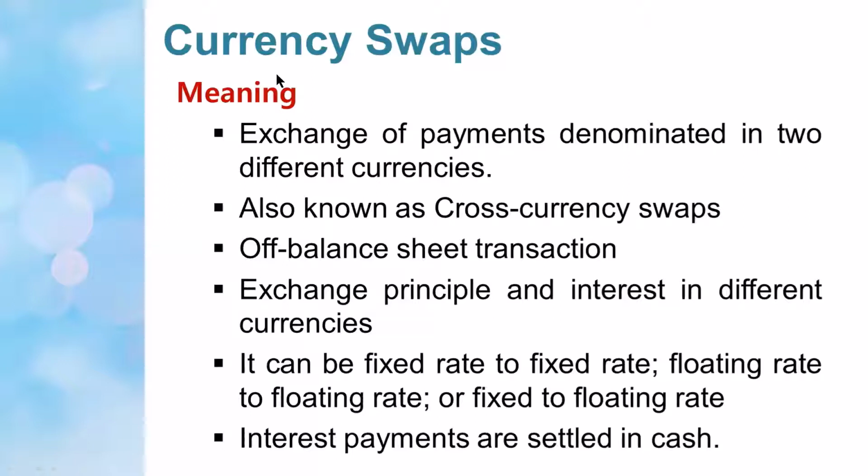So it is actually an exchange of payments denominated in two different currencies. The important factor which you have to remember is it will be two different currencies. That is why it is also called cross-currency swaps.